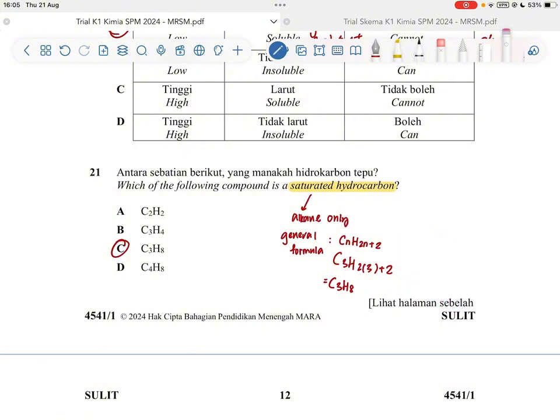So this is a saturated hydrocarbon. So this CnHn is actually maybe an alkyne, where it has the triple bond. And then D is C4H8, which is butene. So it is an alkene, and alkene has the double bond as its functional group.